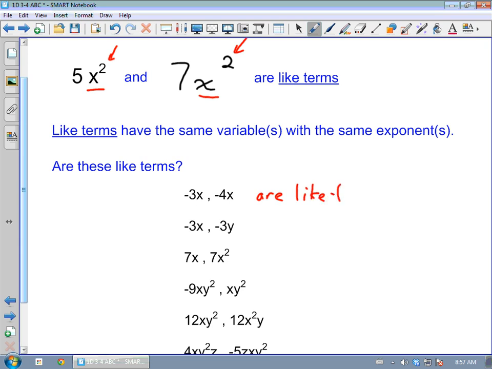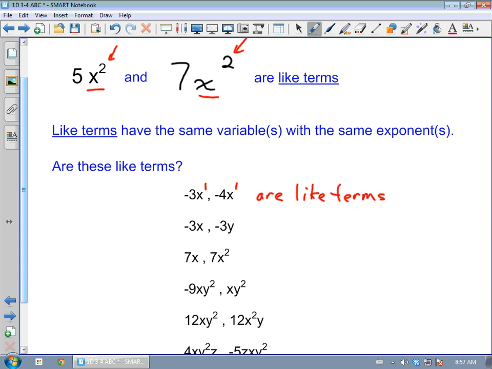Why are they like terms? What's the variable? So they both have the variable x. What is the exponent in each case? We don't see an exponent there, so what exponent do we assume is there? We assume that a 1 is there. So they have the same variable, they have the same exponent. Okay? Coefficient is different, negative 3 and negative 4. Doesn't matter, they're still like terms. What about the next pair here?